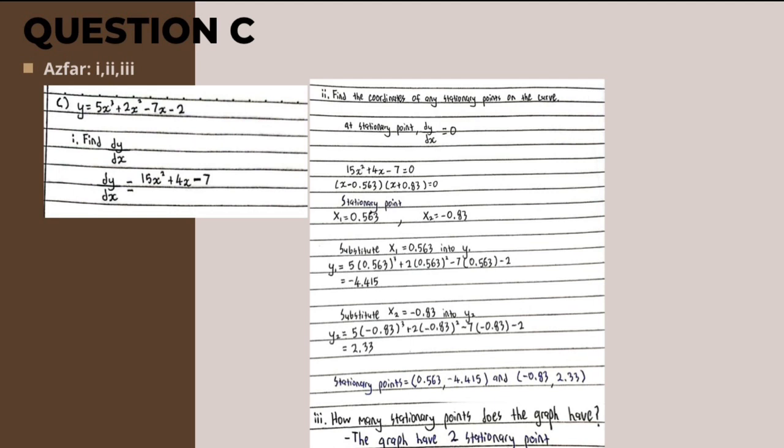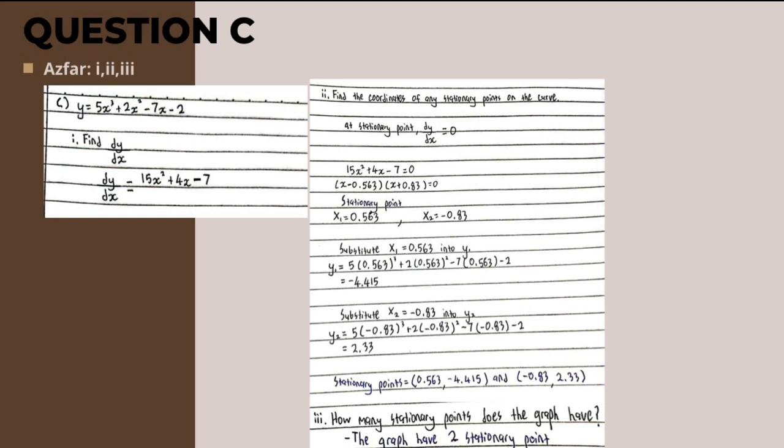So y2 equals 5 in bracket negative 0.83 power of 3 plus 2 in bracket negative 0.83 power of 2 minus 7 in bracket negative 0.83 minus 2. So the answer for y2 is 2.33.